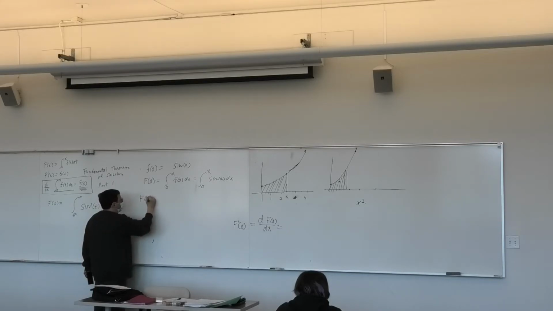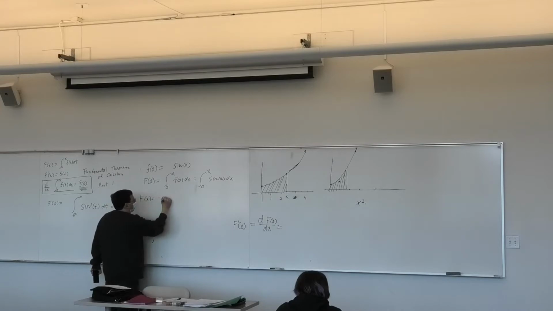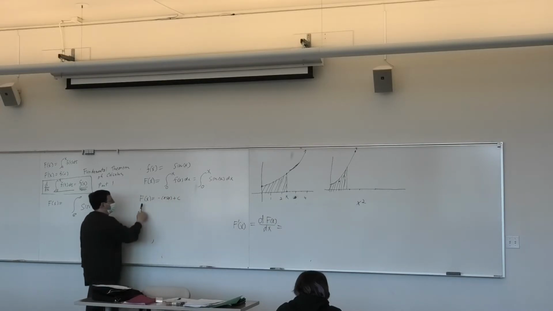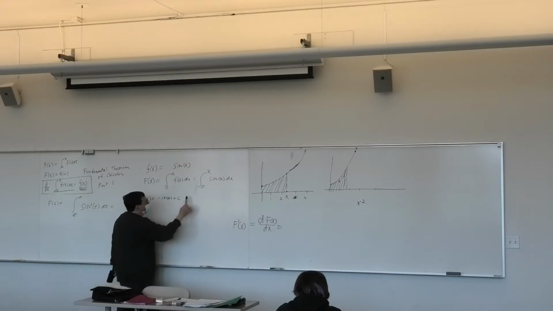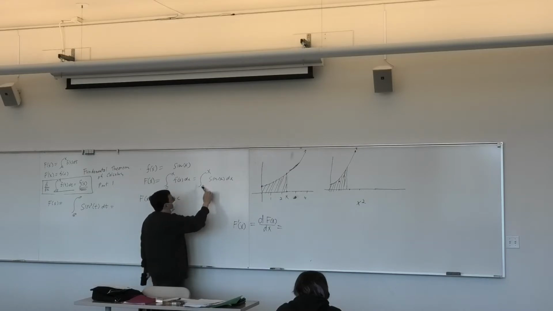Capital F of x is negative cosine of x plus a constant. That's the antiderivative of this function. You can also see it as the area function from some starting point to x of our original function.